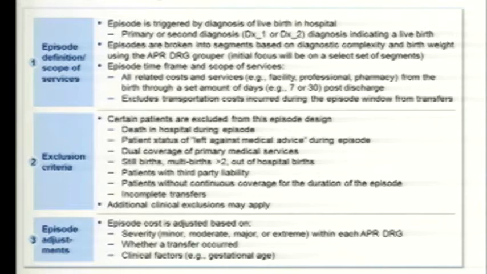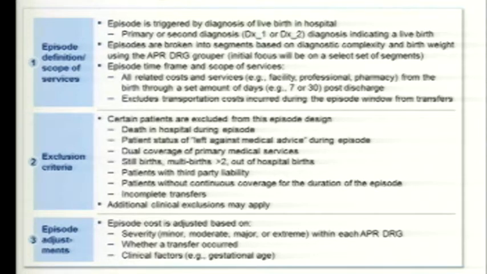And then we have the time frame for the scope of the services. Here it would be the day of birth until, in this case, 7 and 30 days post-discharge. The reason we've done that, and we'll show you later on, is in terms of costs. We will include any child who has been readmitted, with costs involved with readmissions within 7 days. We will also be giving feedback about what happens within 30 days.